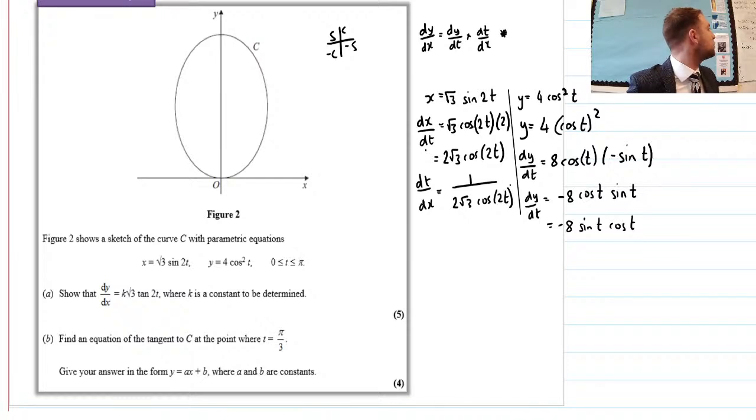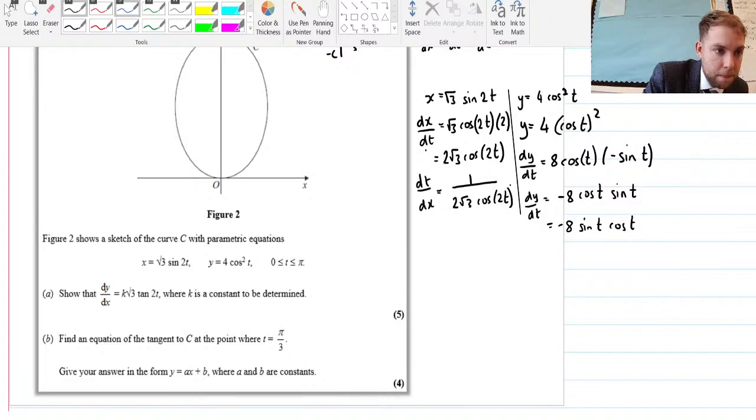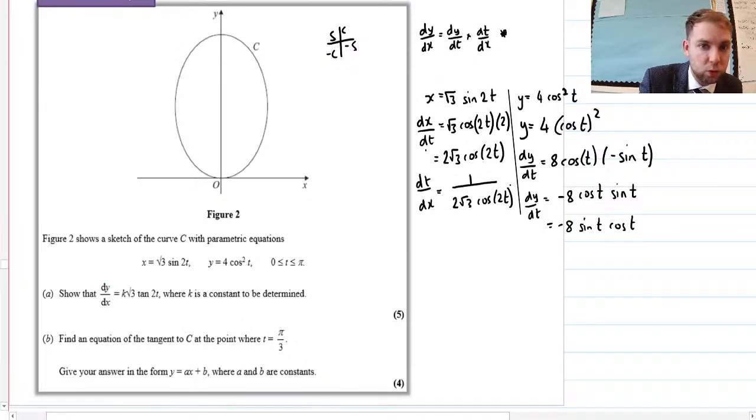I know this rule, which is that sine of 2t is equal to 2 sine of t cos of t. Now notice that these here look very similar.